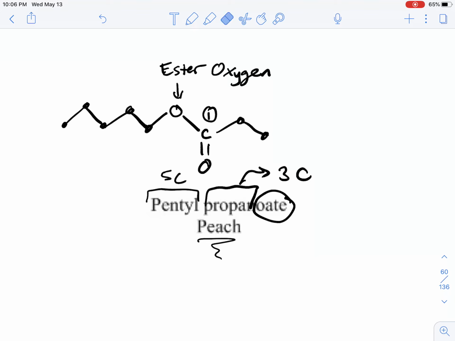If I were to erase all of the dots here, this would be my skeletal structure for pentyl propanoate.